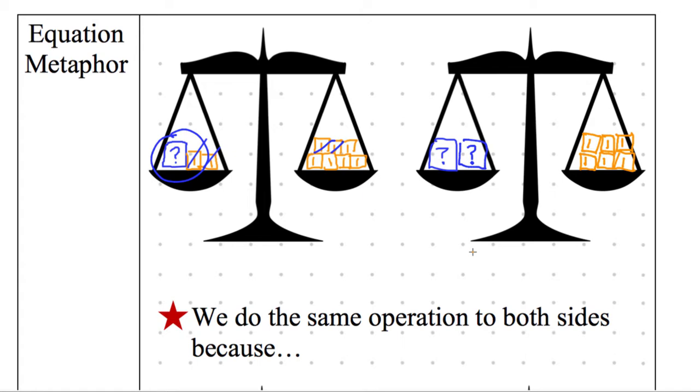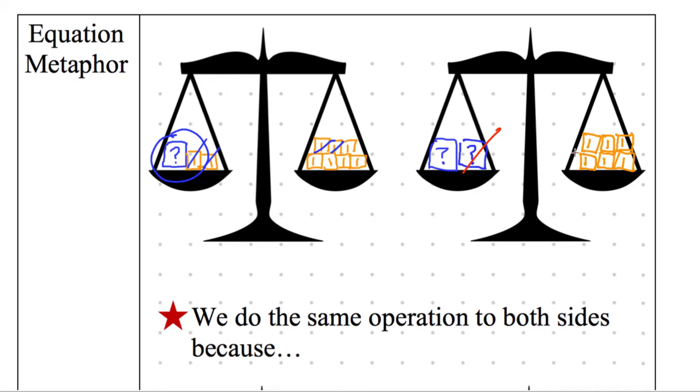Well, now it's hard because I want to get just 1 unknown quantity. So it would be awesome if I could just take off this 1 block, but the problem with just taking off this 1 block is how many blocks do I take off the right-hand side? Do I take off 1, 2, 3? Maybe I take off all of them. I don't know. So you can't just take it off.